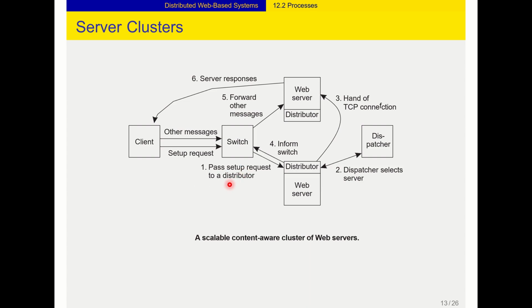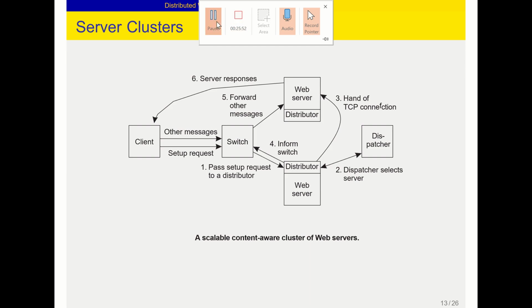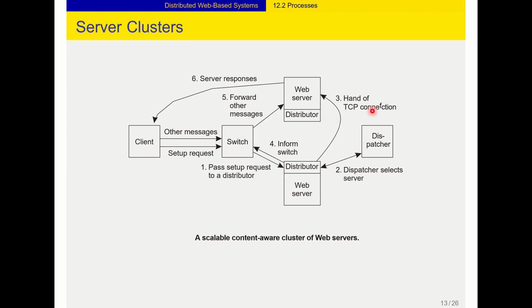So the work is shared between the switch, which is the front end, and the dispatcher. The dispatcher is the content-aware decision maker. So we have two separate components, but we combine both functions.